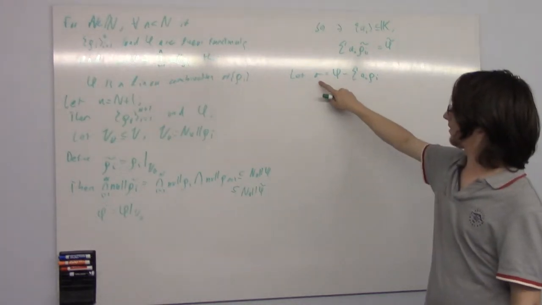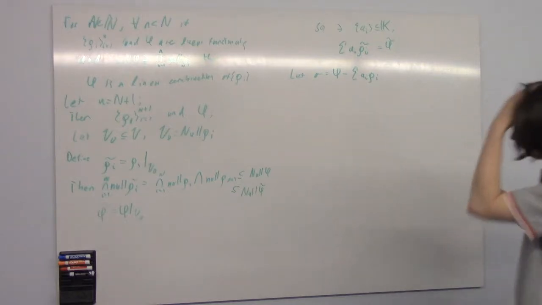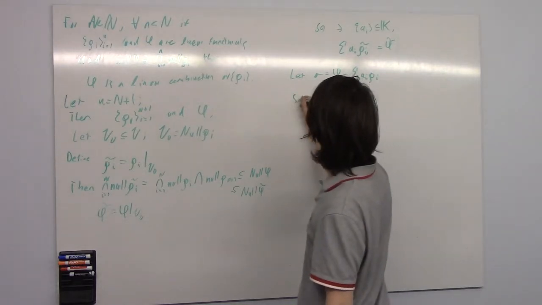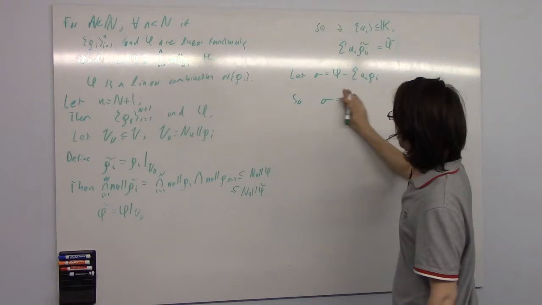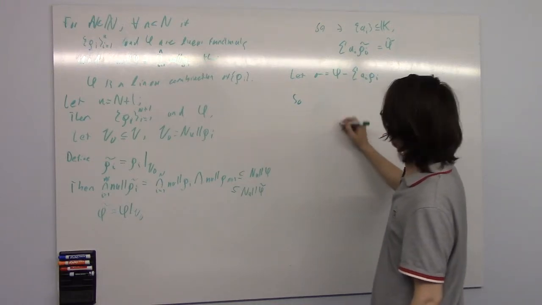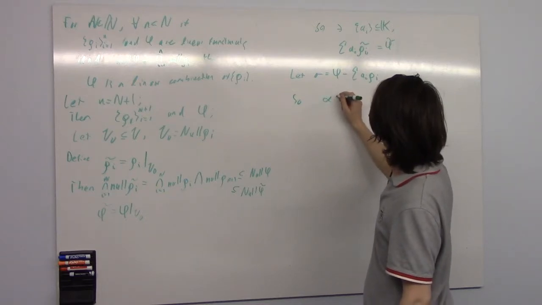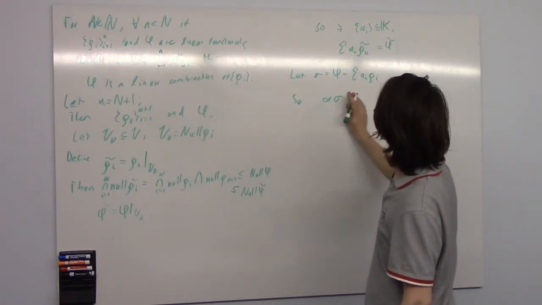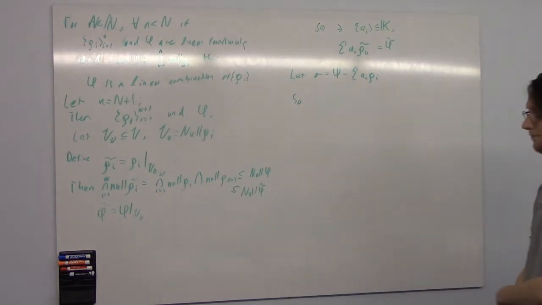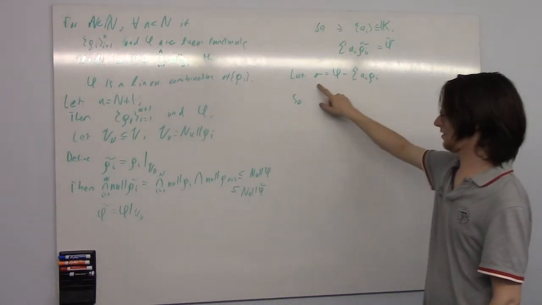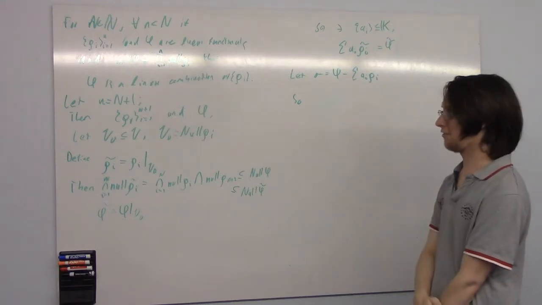So sigma vanishes on the null space of rho_(n+1).